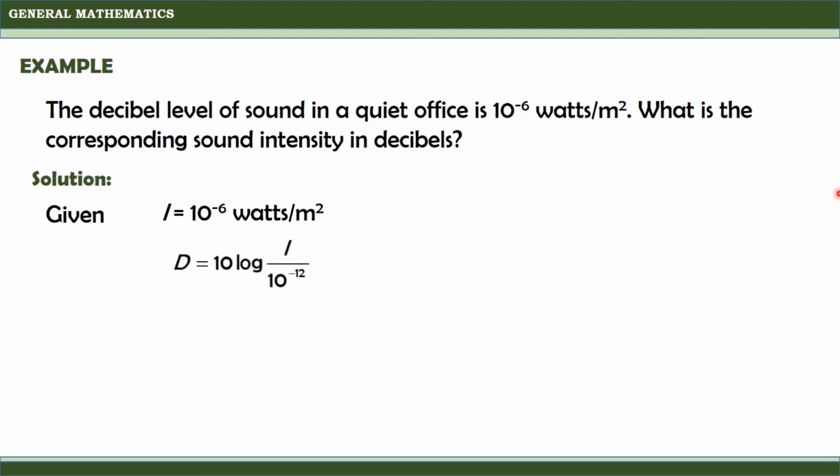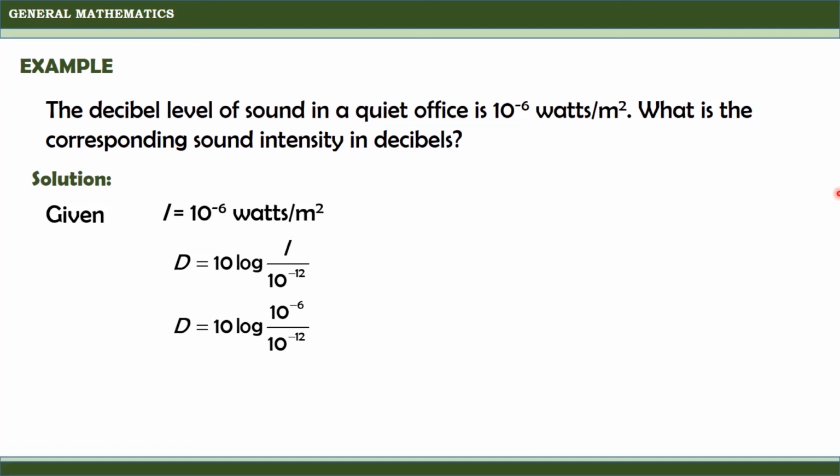Substituting this given to our formula, D equals 10 logarithm of I over 10 raised to negative 12, we will have 10 logarithm of 10 raised to negative 6 over 10 raised to negative 12.